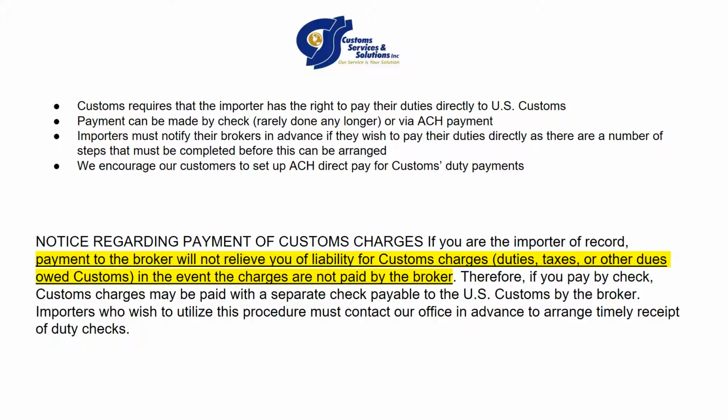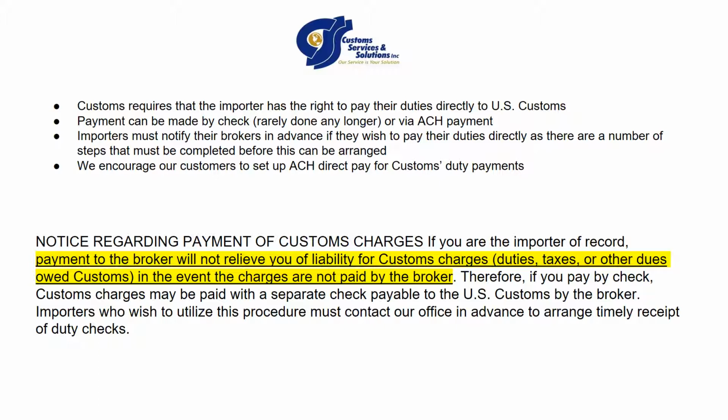It's a cost-free way of making sure your payments that are owed to U.S. Customs get into U.S. Customs hands quickly and without risk. Better than writing a check and having to send it via overnight and hope that it gets where it needs to be on time. If you'd like further information about how to pay your duties via ACH payment to U.S. Customs, please contact us. You can send an email to docs, D-O-C-S, at cssbrokers.com.